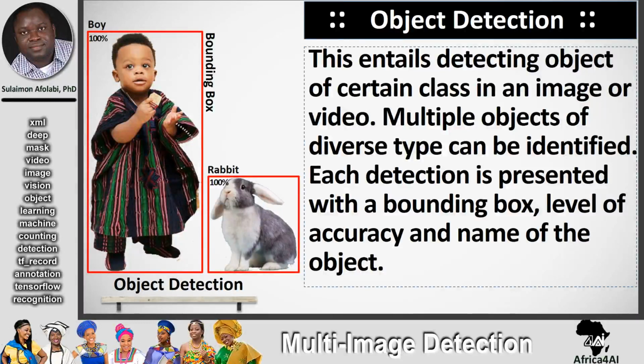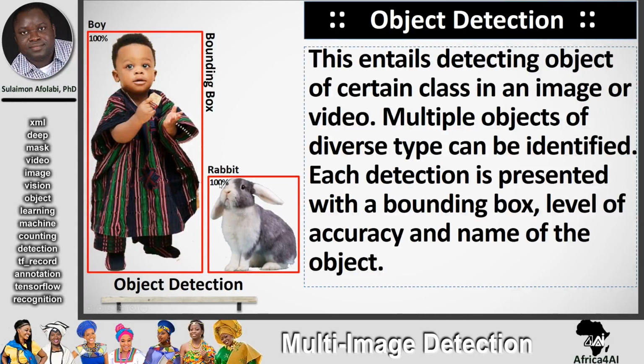In this context, multiple objects of diverse types can be identified. Each detection is presented with a bounding box with the level of accuracy and the name of the object in question. So in this, you can see there's a bounding box right here. So this can be given as an image having a boy and this rabbit.